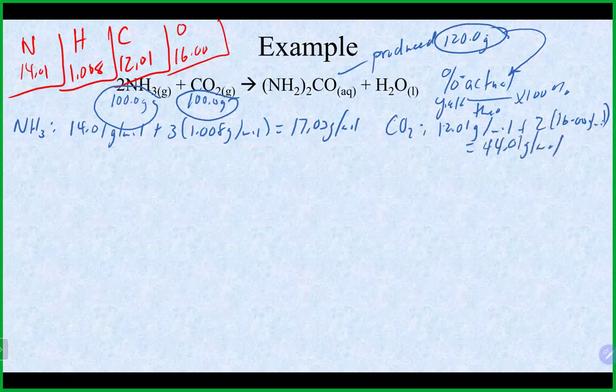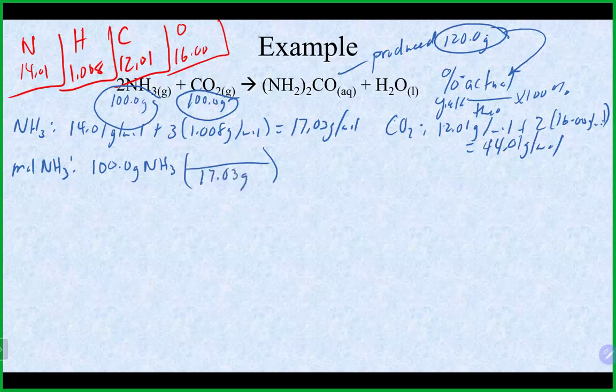If we do that, we will start with our NH3. We'll take 100 grams of it, use the molar mass to convert into moles. That's going to get us 100 divided by 17.03, which looks like 5.872, we'll call it.